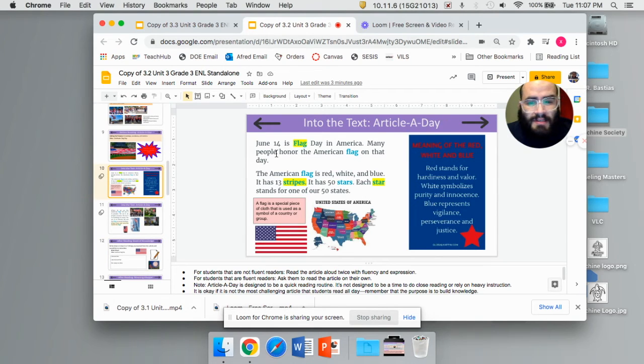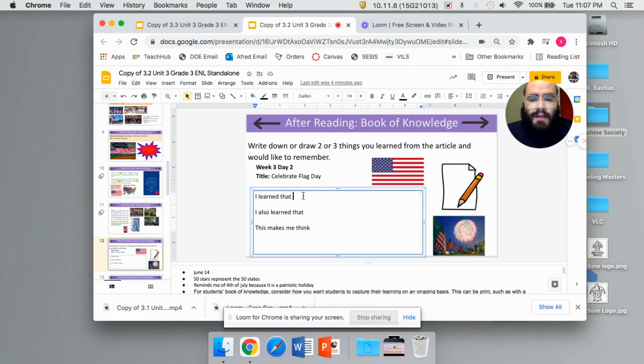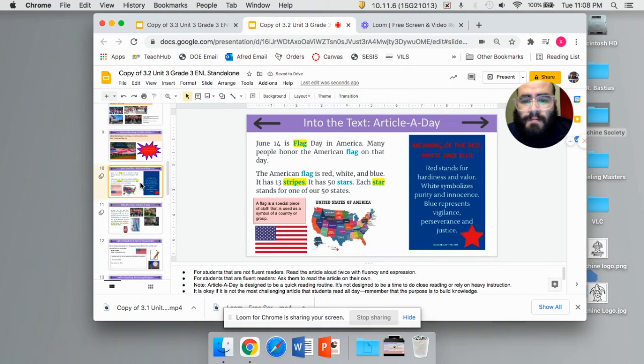The first thing I learned today is that Flag Day is celebrated on June 14th in America, so I'm going to write that down. Another thing I learned is that the American flag has 50 stars and that each star represents one of our 50 states. So I'm going to write that down.